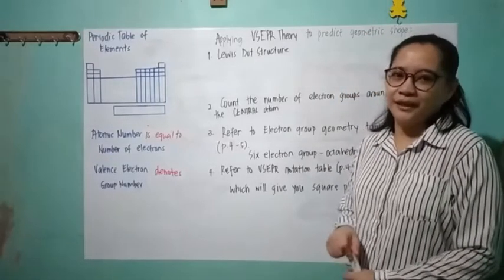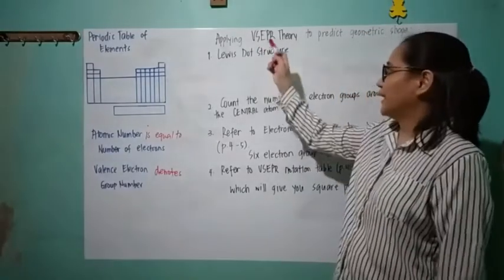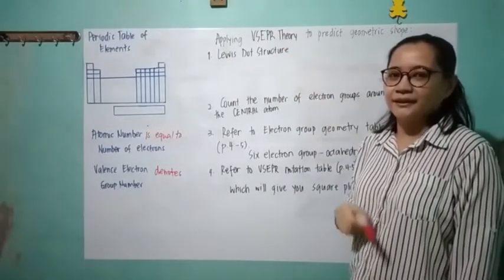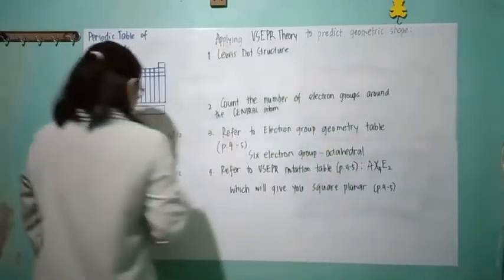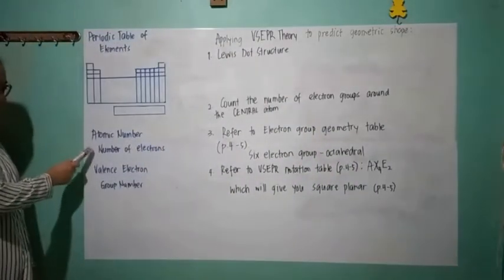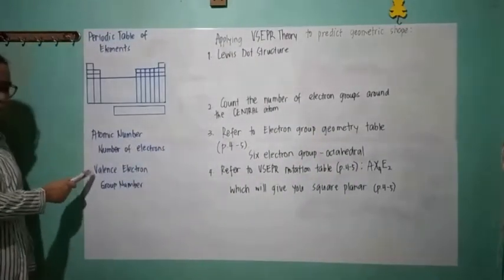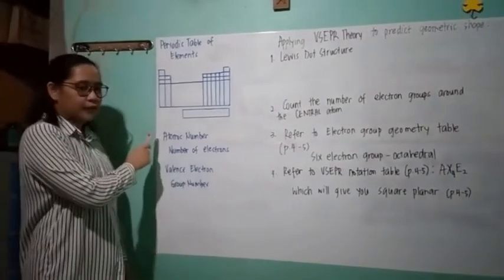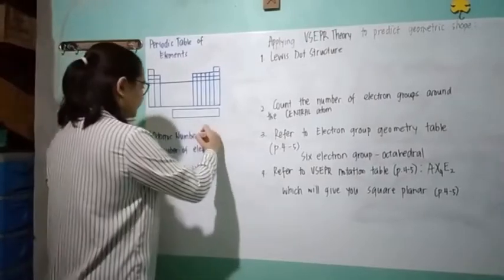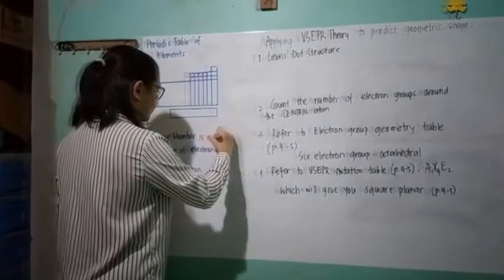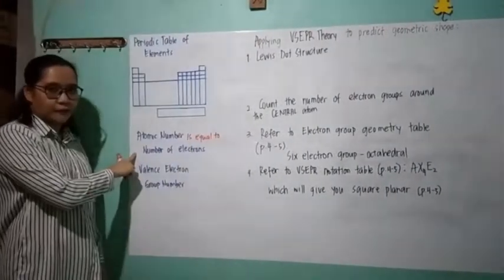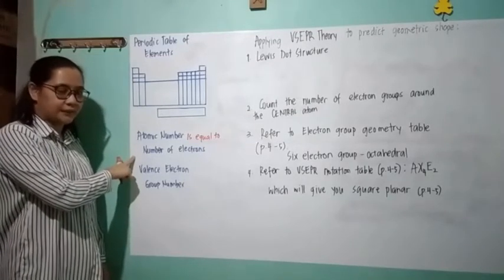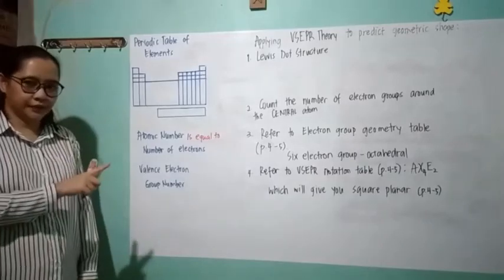Before we proceed with our example in applying VSEPR theory, let's have a recap of our lesson, which is about atomic number, number of electrons, valence electron, and group number. Atomic number is equal to the number of electrons, and the number of electrons can be represented using electron configuration.